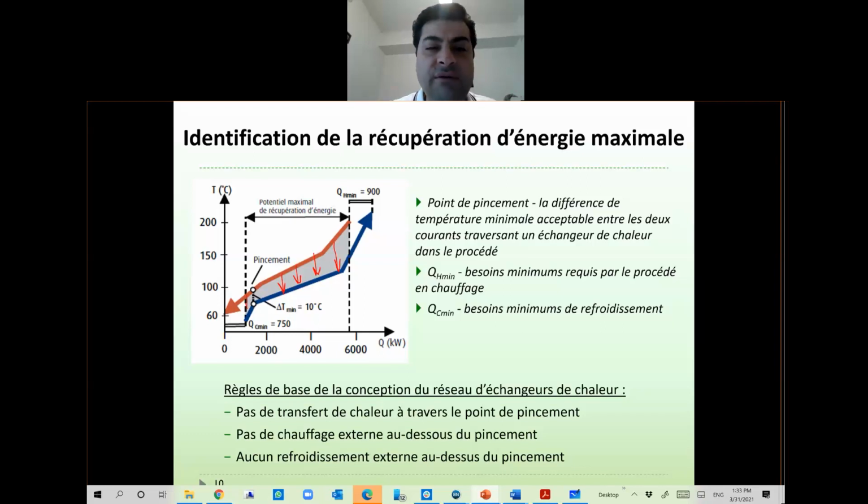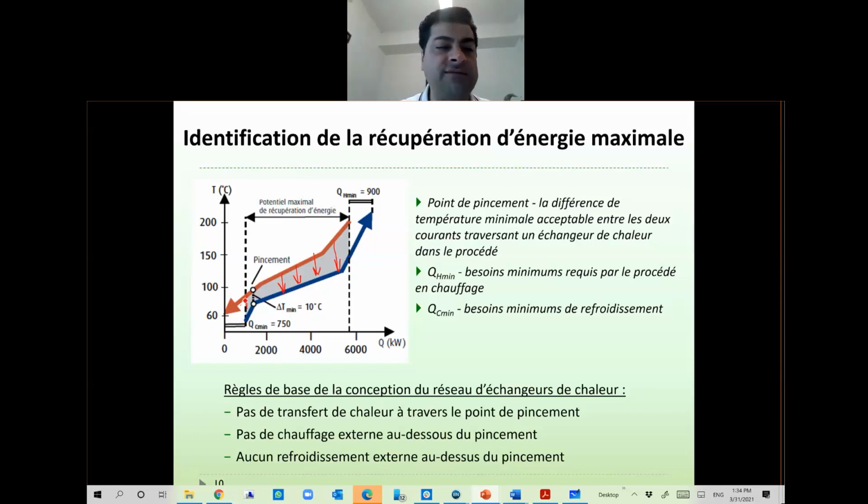But if you see, we have two other zones below and above this overlapping zone. The lower zone is the zone where you have the hot stream composite curve, but underneath there is no cold stream.